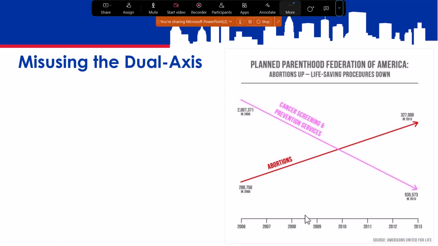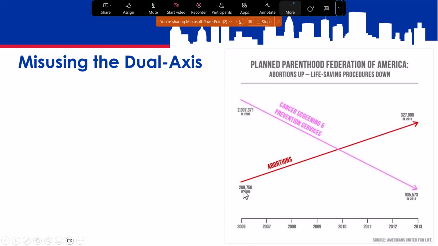Okay, so this one has two different values, different statistics. The purple is cancer screening and prevention services, the number of tests. So there are two things going on here. Notice the cancer screenings: there are 2 million plus that went down to 935,000.